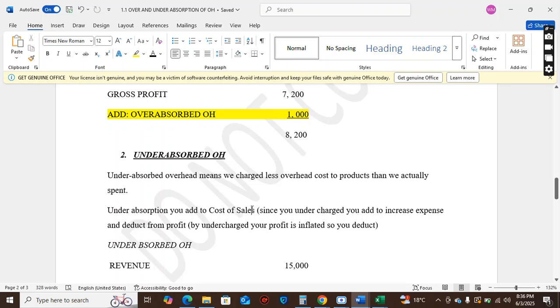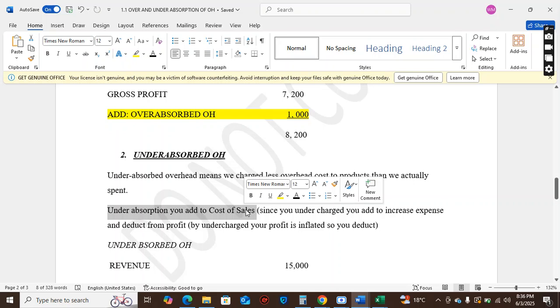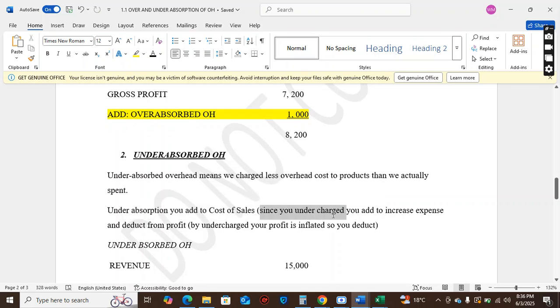Since you've charged less, it means your cost of sales is less. So you need to add your under absorption to the cost of sales. Since you've undercharged, you need to add the under absorbed overheads to the cost of sales.